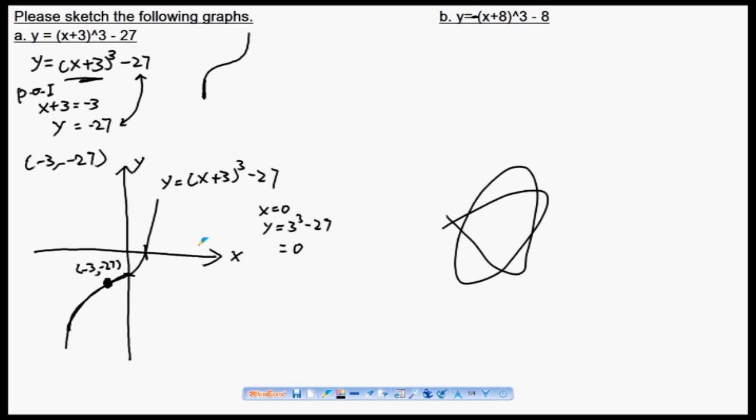So your y-intercept is 0, and when y equals 0, we will have x is 0. So our x-intercept and y-intercept are at the origin, so I have to resketch the graph.